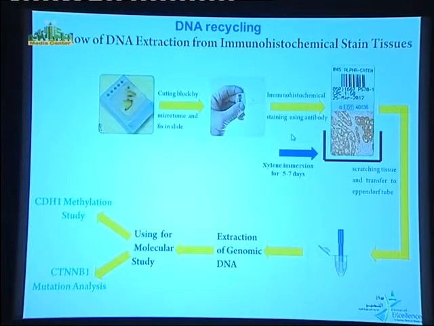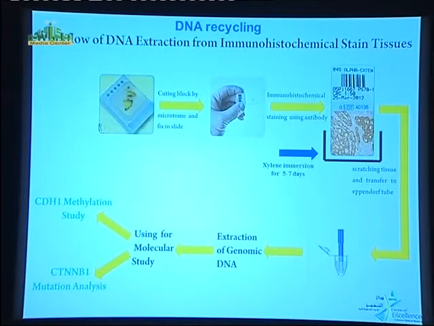Before I finish my talk, just to remind you that usually in immunohistochemistry, the slides, when stained and scored by experts, are discarded or put in an archive and not used.